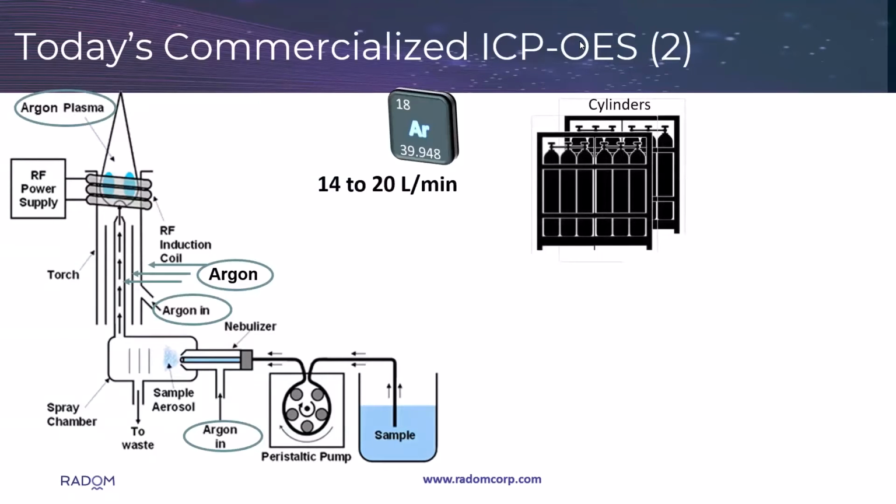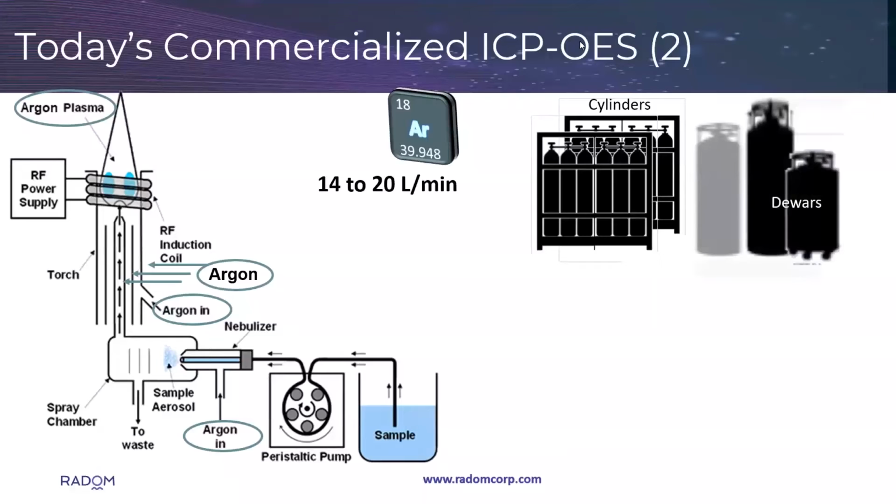Argon is delivered to laboratories in a variety of ways depending on the sample throughput and the number of instruments installed in the laboratory. You can have cylinders. One cylinder will last approximately 8 hours. So as not to disrupt sample throughput, cylinders can be chained together on a manifold system and switched over automatically as one cylinder is depleted.